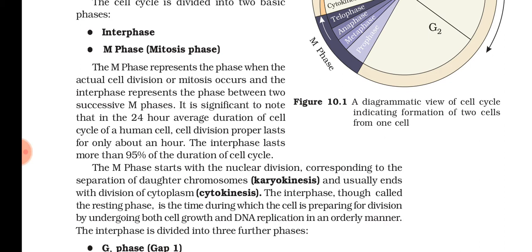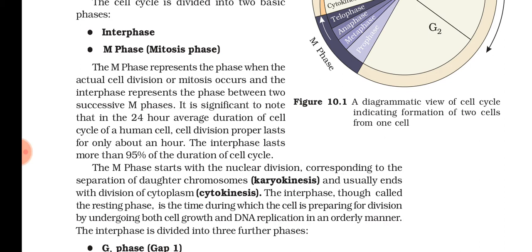The M phase takes place for a short period of time, and around 95% of this 24 hours is for the interphase, where the cell prepares itself. DNA replication takes place, and it synthesizes all the materials to be distributed to the daughter cells during the interphase.